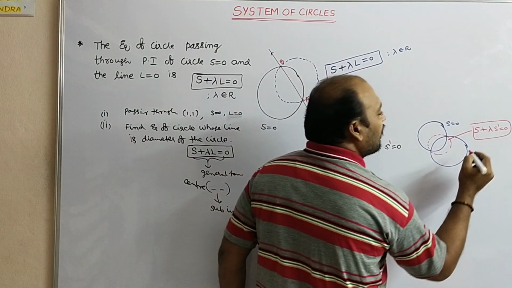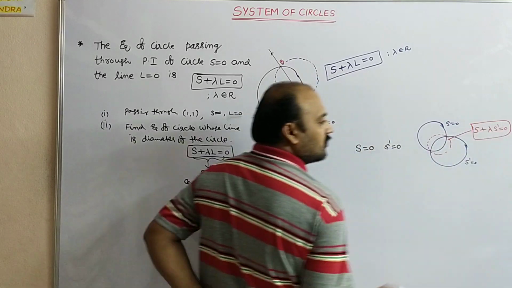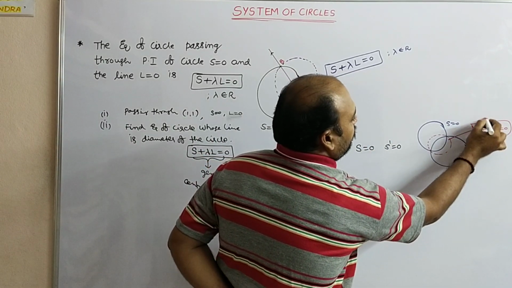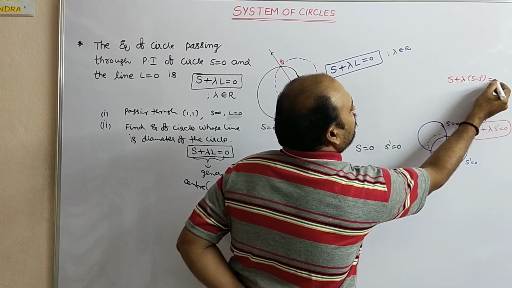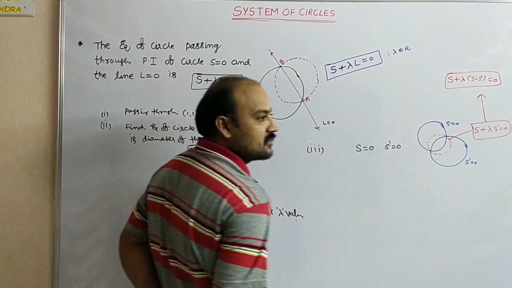Or somebody will write it as this equation, S plus lambda into (S minus S dash) equal to 0. Even like this also they can write.